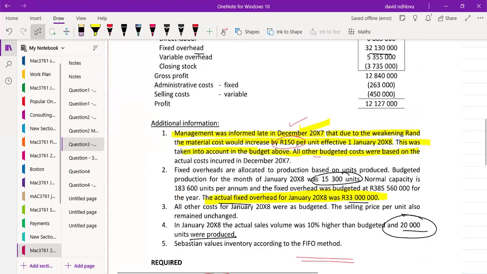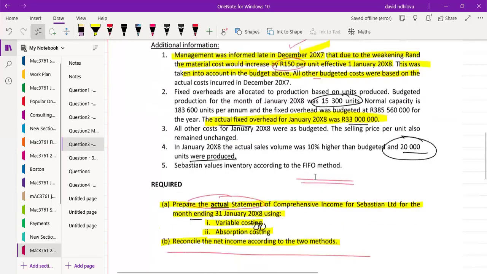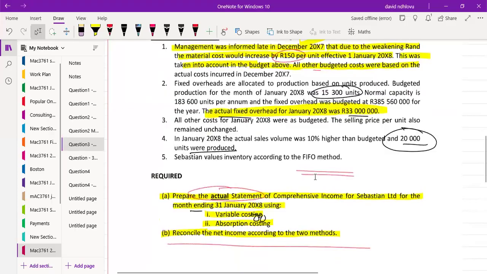But if you master it like this, you won't have a problem with those long case studies, because you'll be applying exactly the way we've applied here, except that the question itself will be complicated. So I want us to look at a slightly more complicated example to get a good feel of what a question in an assessment may look like.